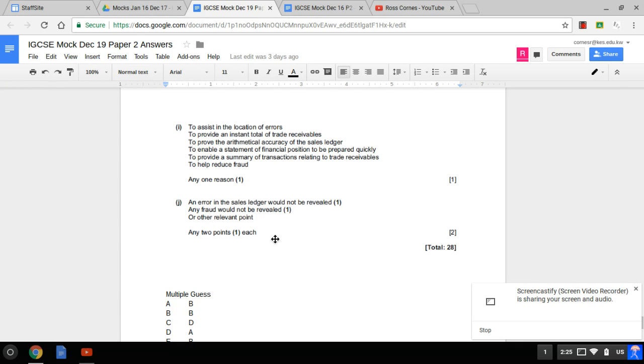So I go back to the books of prime entry, because that way I'm looking at the work that somebody else has done, for example, the salesman when they made the sale, and I'm using the total figures from all the books of prime entry to make sure that they match the figures that go into the sales ledger control account. So if I don't go back and use that original entry information, I won't know if there's any fraud, and I won't know if there's been any errors.